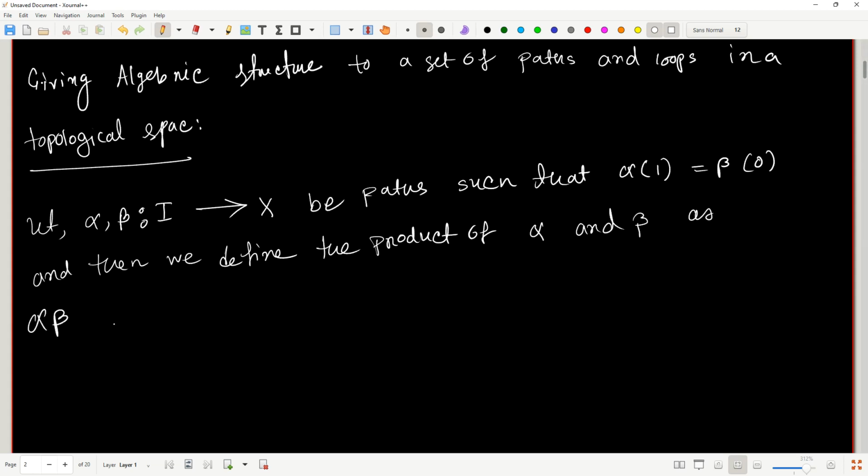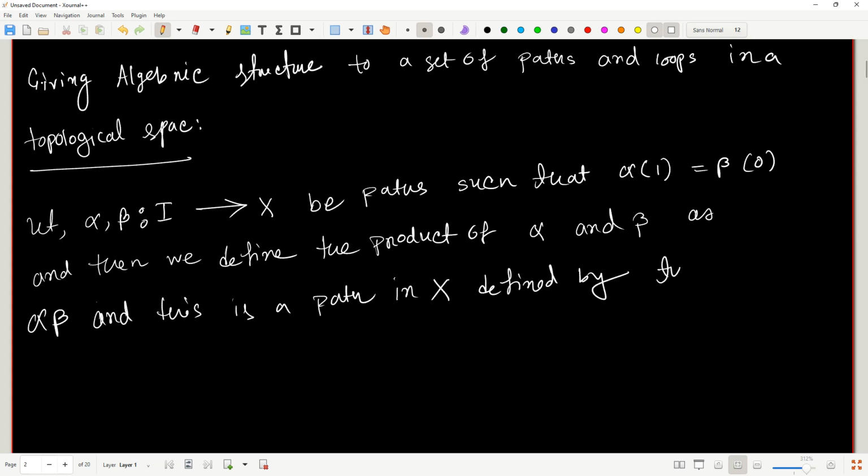And this is a path in X defined by the following.